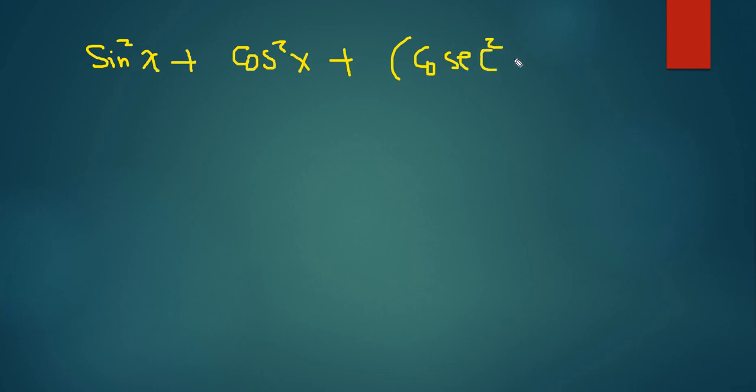Sine power 2x plus cosine power 2x plus cotangent power 2x, which means cosec power 2x minus 1, minus cosec power 2x.